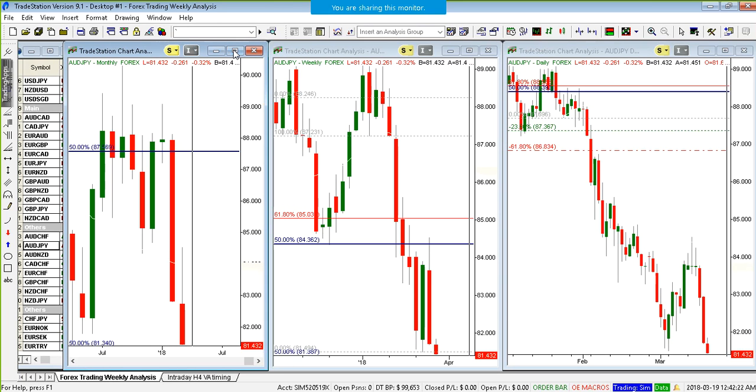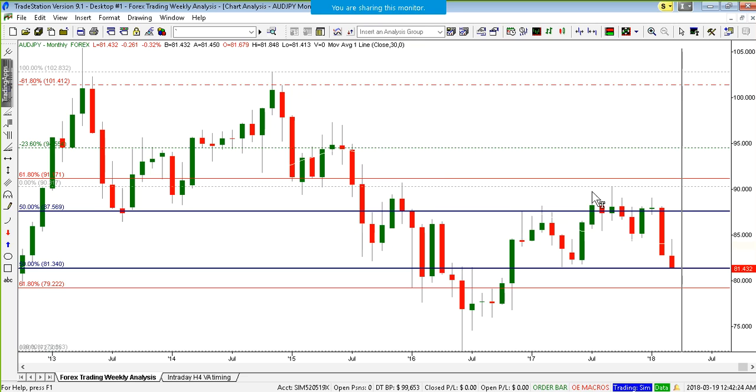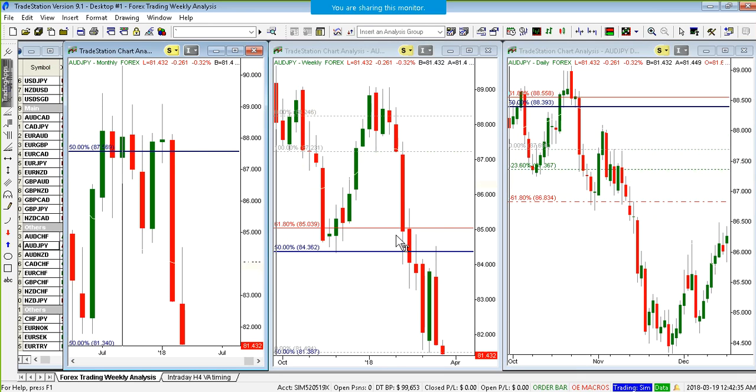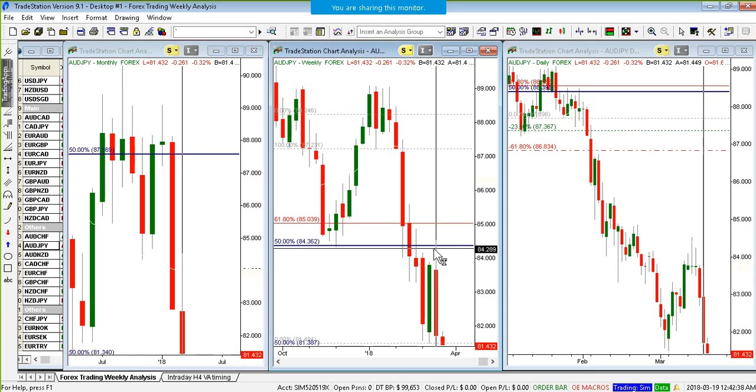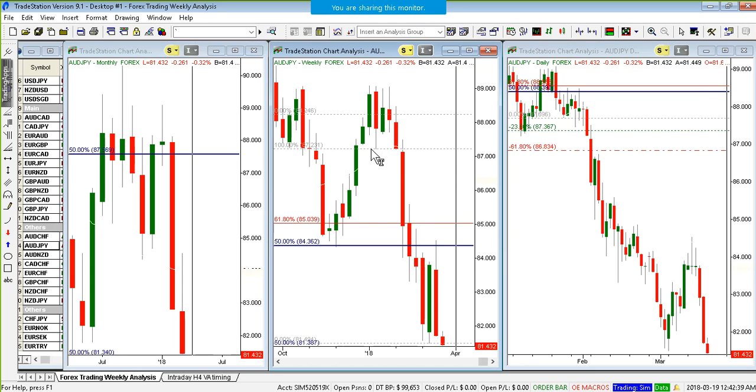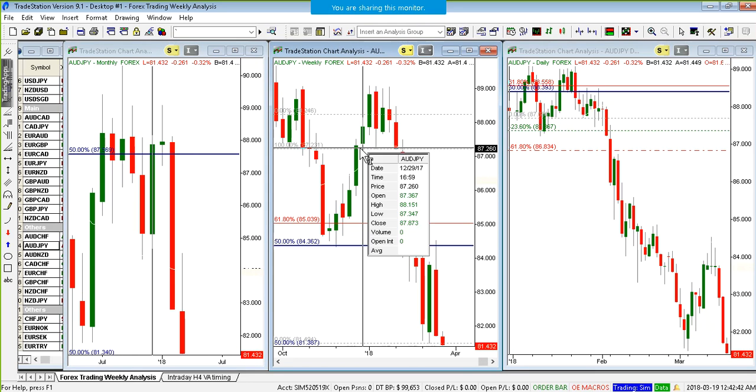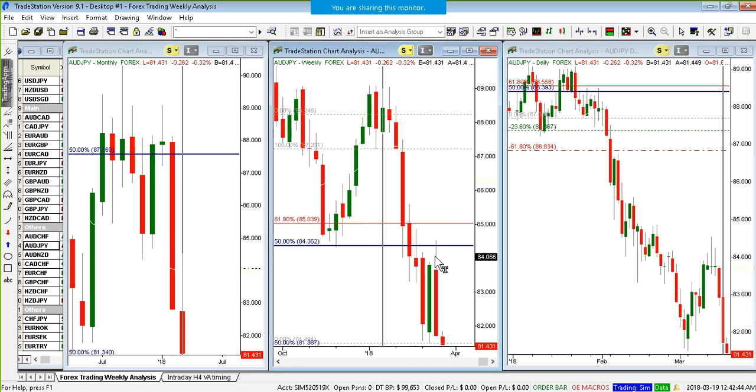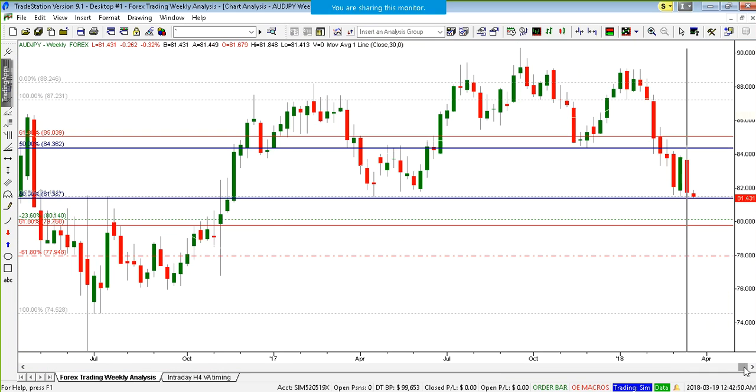Next is the Australian dollar, Japanese yen. Weakness in the Australian dollar and strength in the Japanese yen has obviously caused a continuation lower into again that 81.40 level that we had mentioned. This market went to trade last week a canonical extension short here, and since has printed new lows, and it's now testing that 50%.